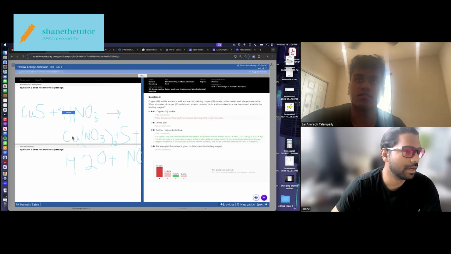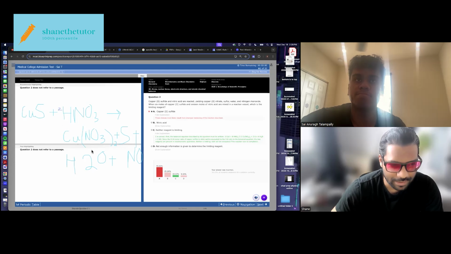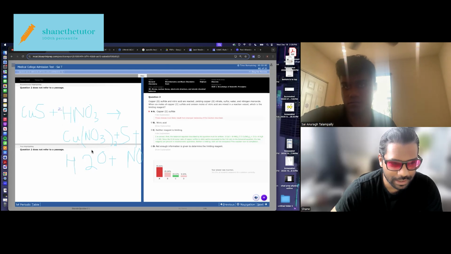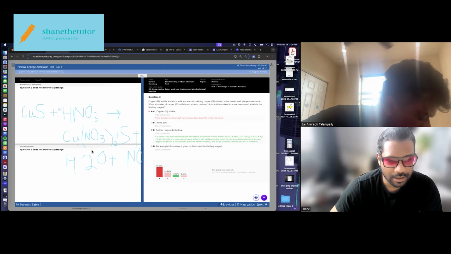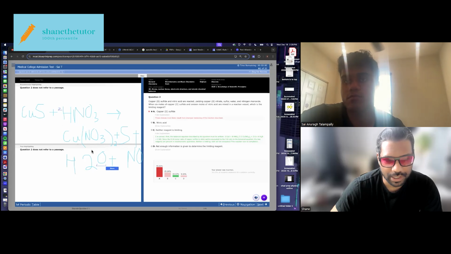When you put the two here, you then would get six oxygens on the left, and on the right we have six oxygens for the copper nitrate, so there's another one here and another one here. Over here we have two nitrogens, so this could be a two.